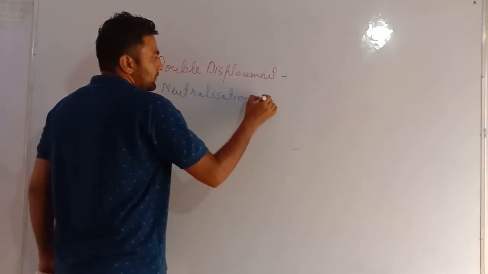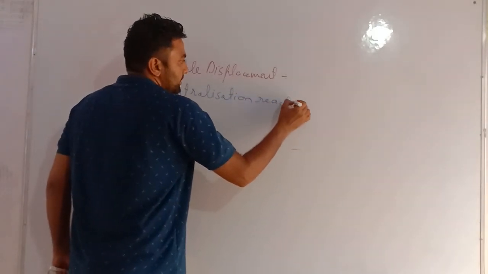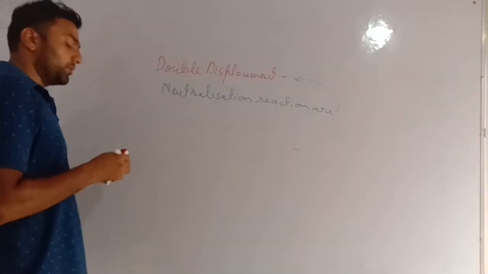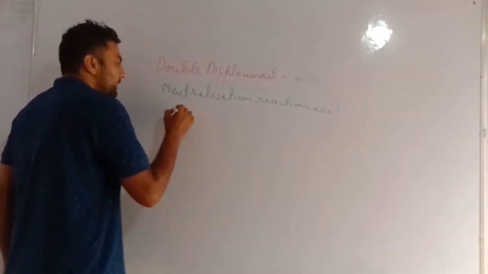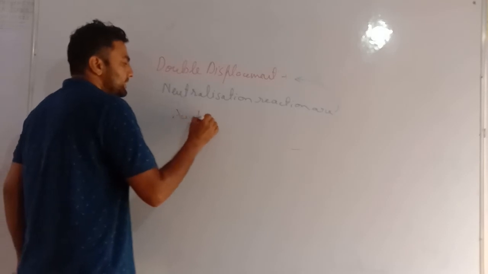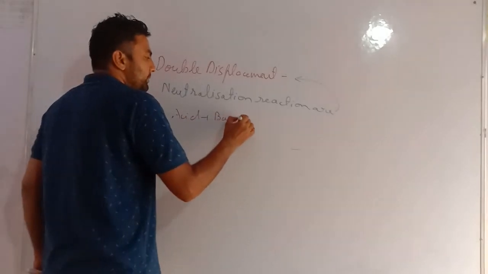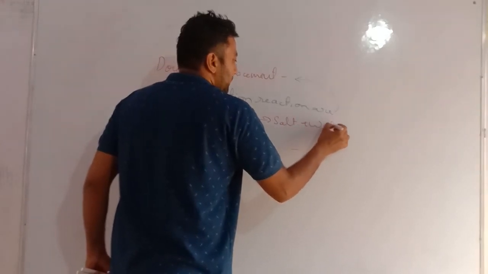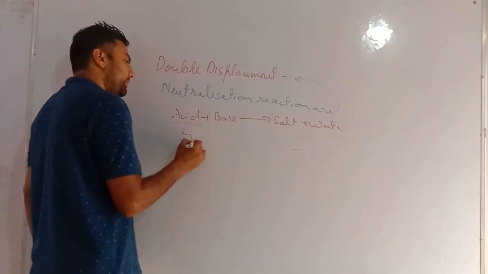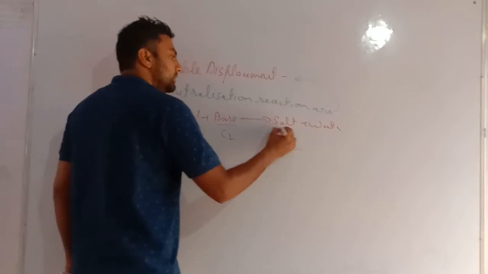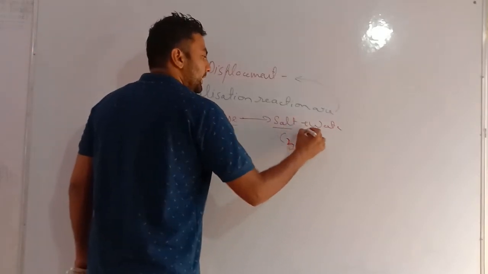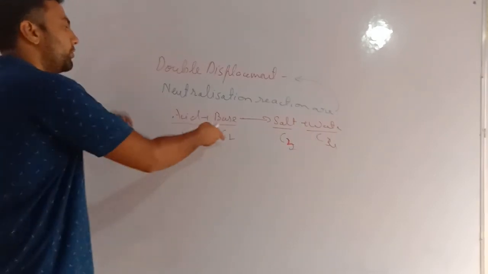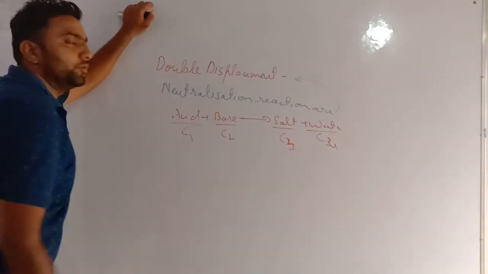In neutralization reaction, acid plus base gives us salt plus water. Acid is a compound, base is a compound, salt is a compound, and water is a compound. And we are getting two compounds combining and giving two new compounds.